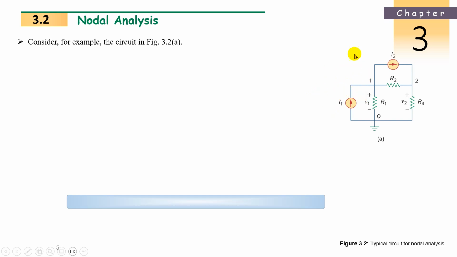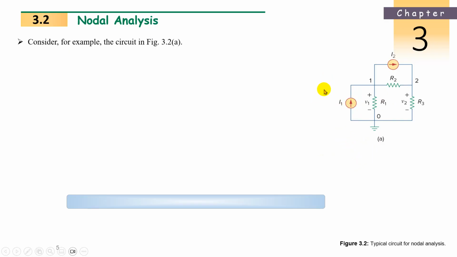B equal to number of nodes plus number of loops minus 1. So nodes, how many? 1, 2, this is 3 nodes. Plus how many loops? This is 1 loop, this is the second loop, this is the third loop. So 3 plus 3, how much? 6. Minus 1, how much? 5. How many branches? 5.